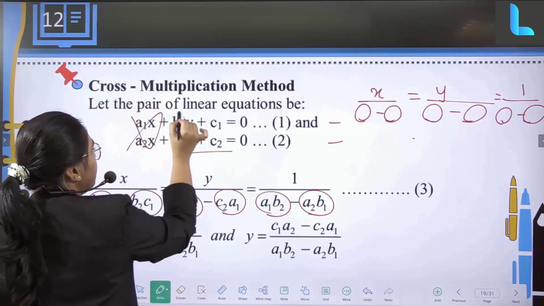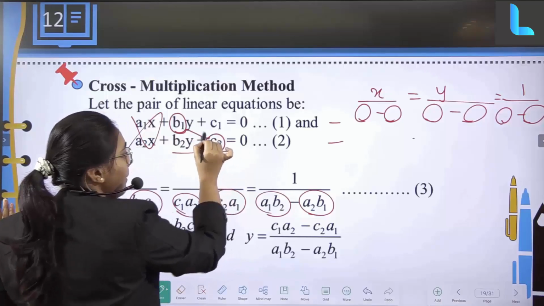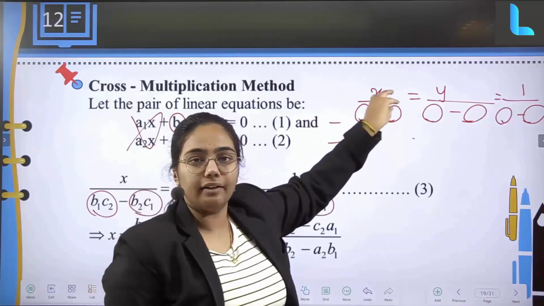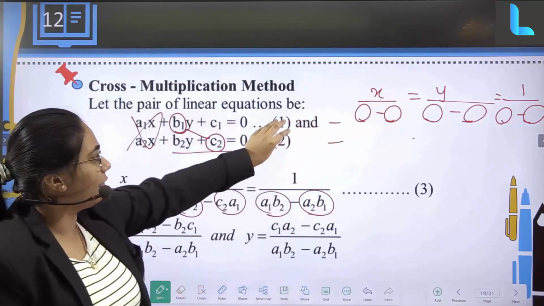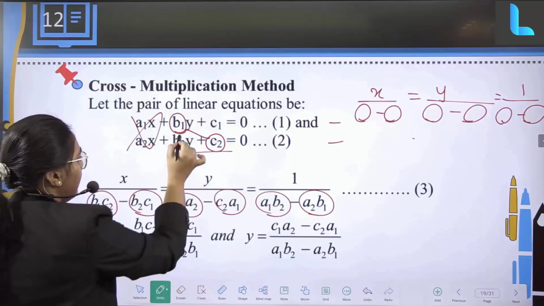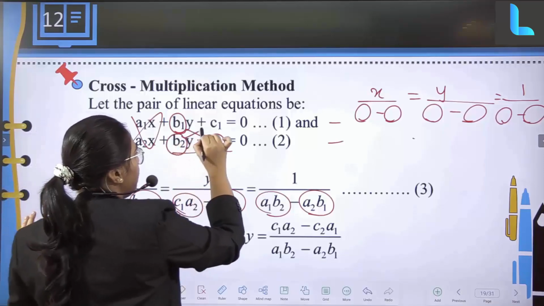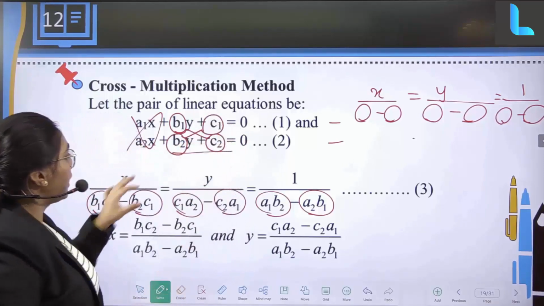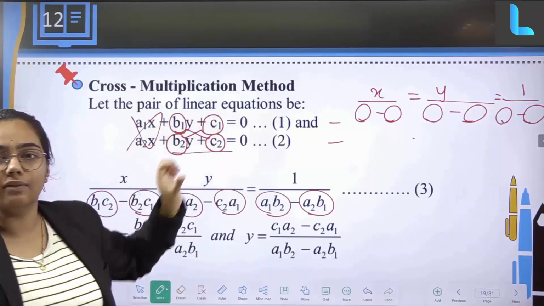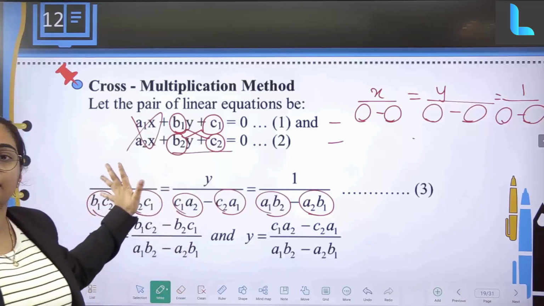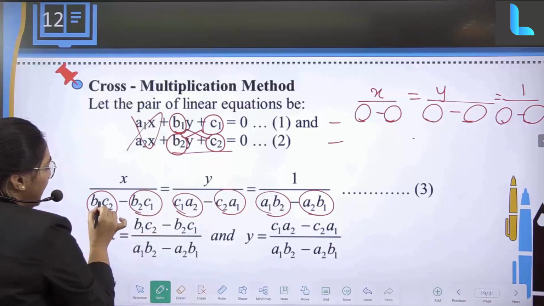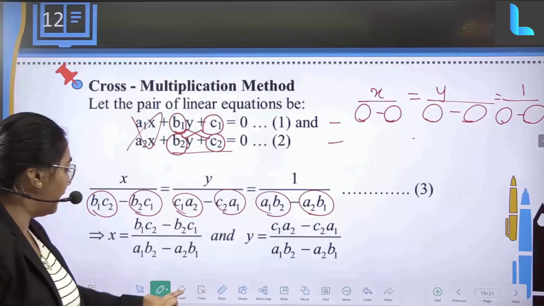Now I have to multiply b1 into c2 minus, and fill in the denominator as well: b1 into c2 minus b2 into c1. So in x divided by, it is going to be b1 c2 minus b2 c1.